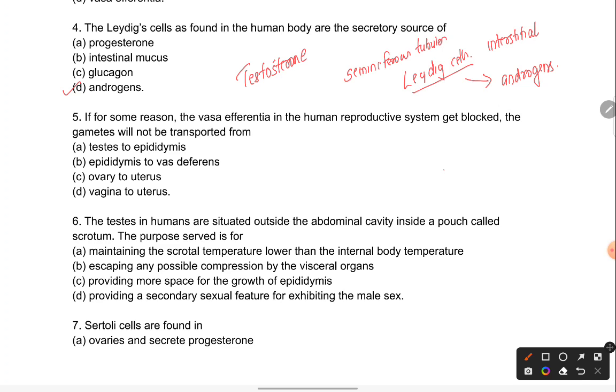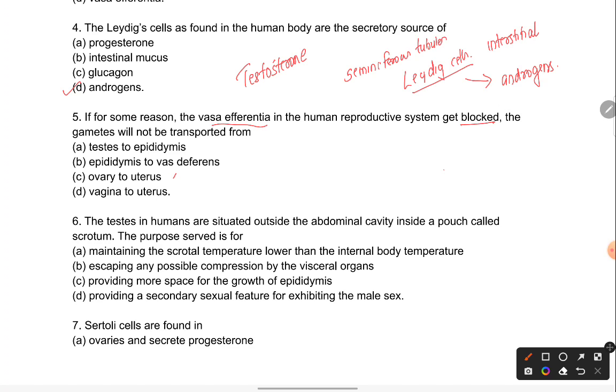Okay, now question number 5. If for some reason the vasa efferentia in the human reproductive system get blocked, the gametes will not be transported from: testis to epididymis, epididymis to vas deferens, ovary to uterus, vagina to uterus.